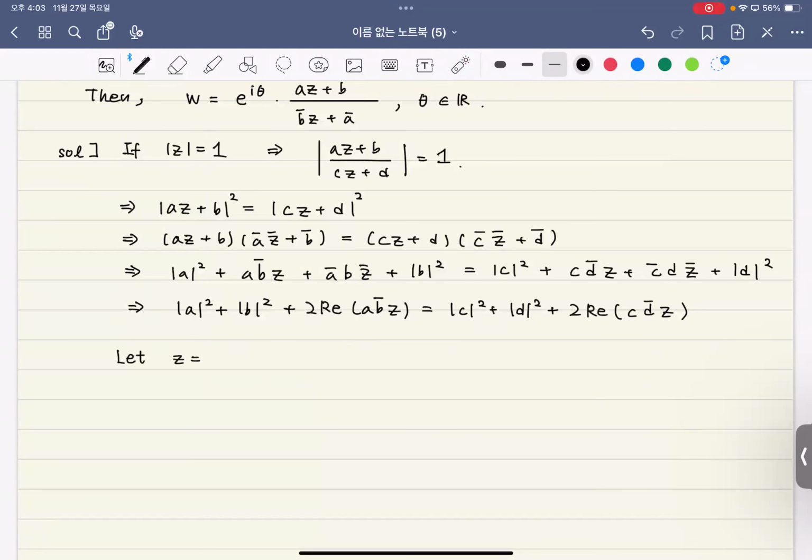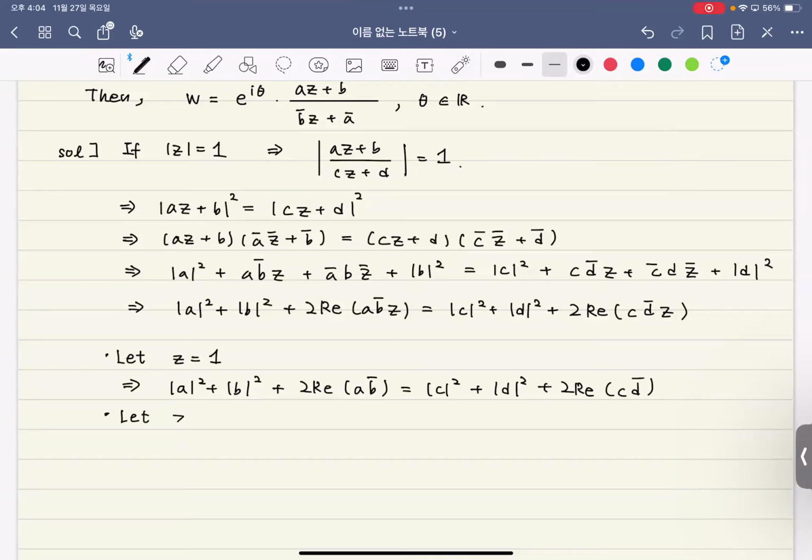If Z equals 1, this condition reduces to A squared plus B squared plus 2 times the real part of A B bar equals C squared plus D squared plus 2 times the real part of C D bar.